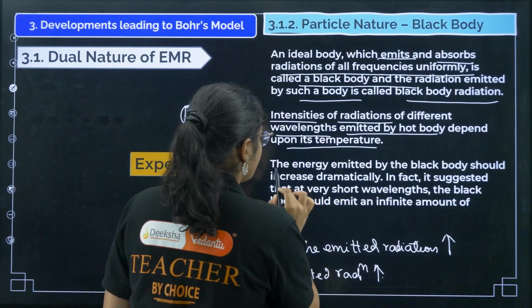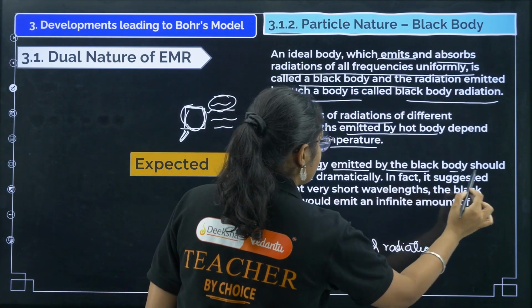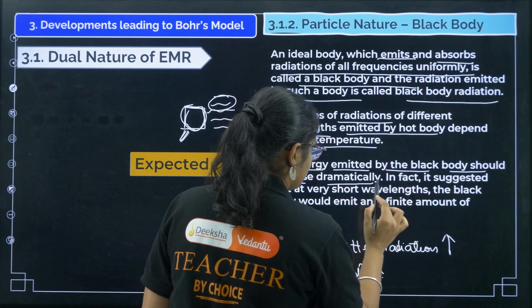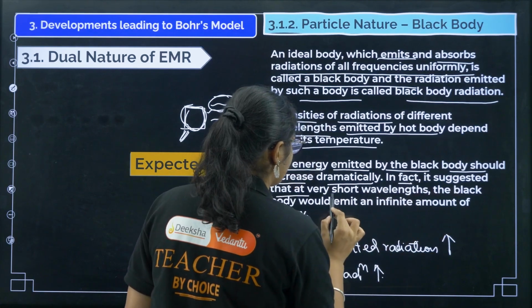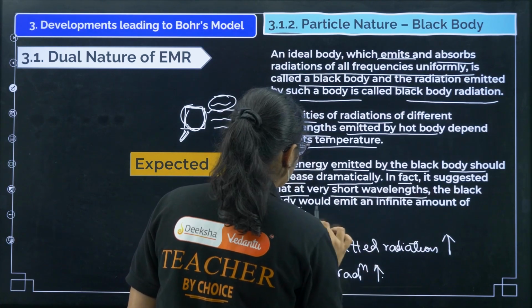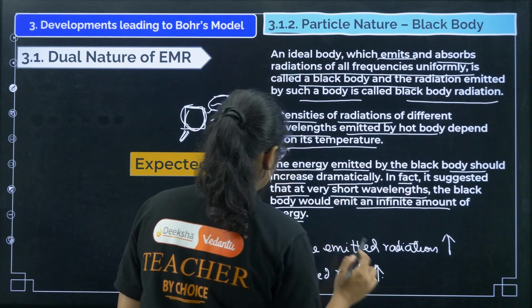Now see here, the energy emitted by the black body should increase dramatically. In fact, it is suggested that at very short wavelength the black body would emit an infinite amount of energy.